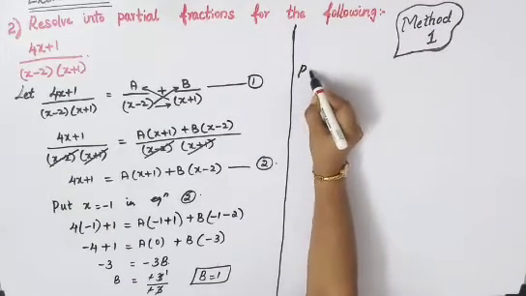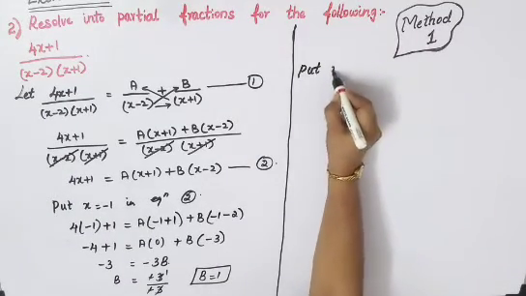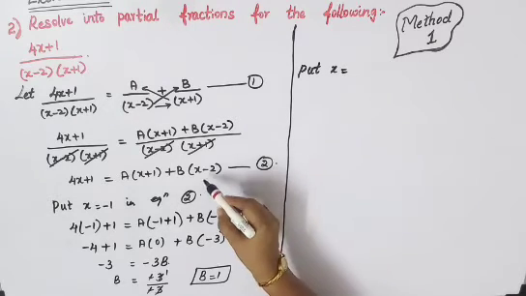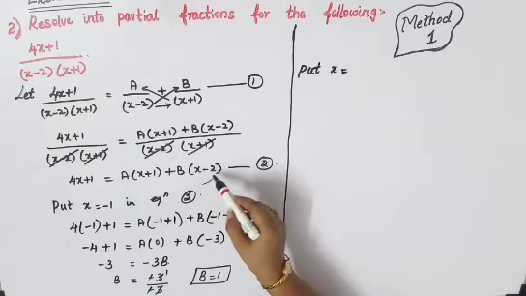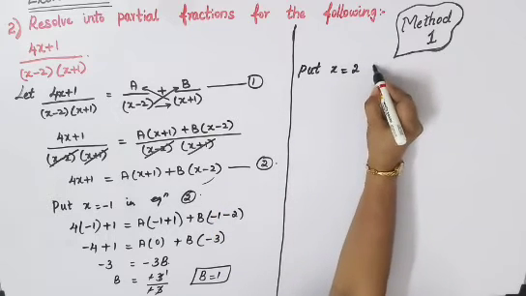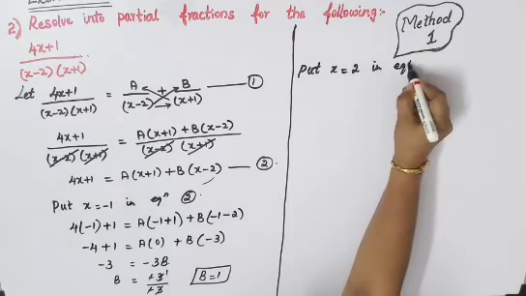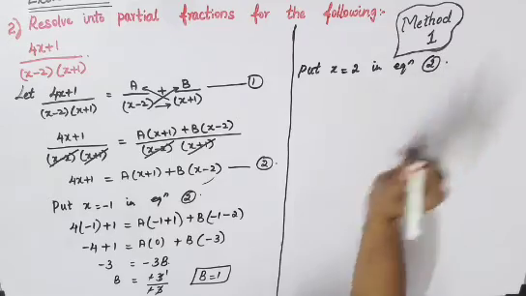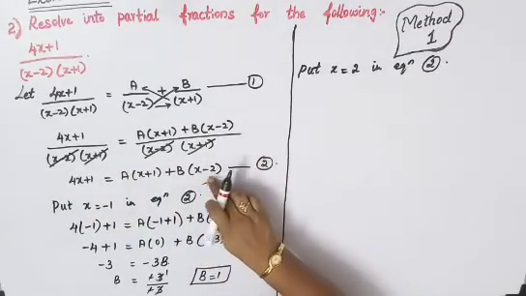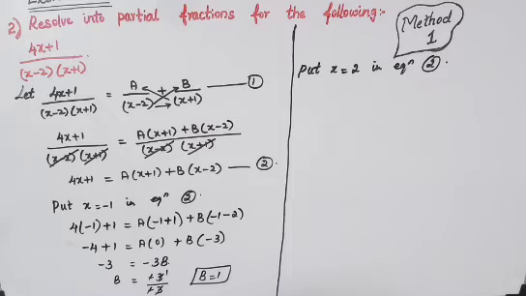Next is, again you'll have to assign a value for x. So put x is equal to, here just see the second term, minus 2 is there, so just give plus 2. So x is equal to 2 in equation 2 itself. So just see your equation 2, this equation is there, and give your value x is equal to 2.